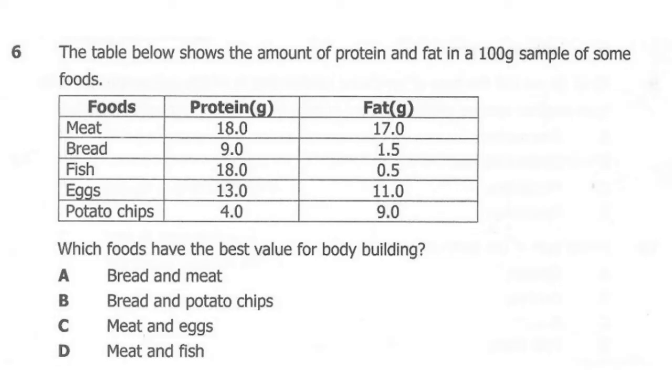Which foods have the best value for bodybuilding? A, bread and meat. B, bread and potato chips. C, meat and eggs. D, meat and fish. So what's the correct answer? You can drop your answer in the comment section. Is it A, B, or C?